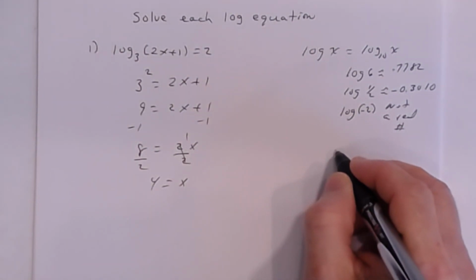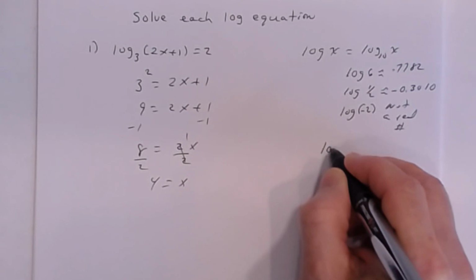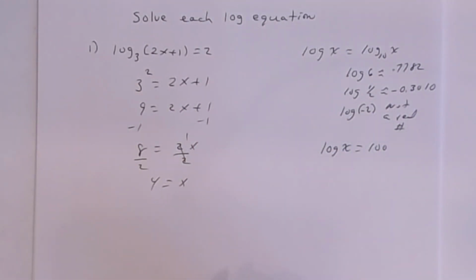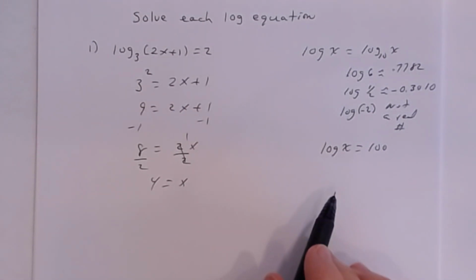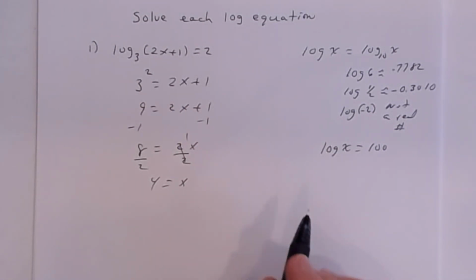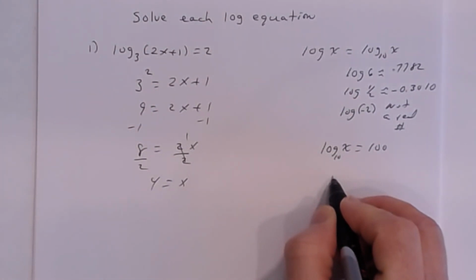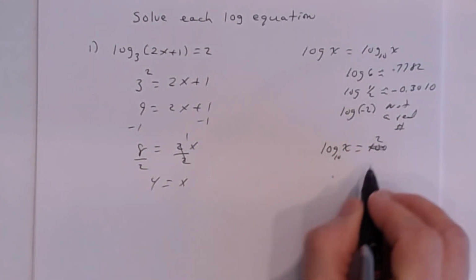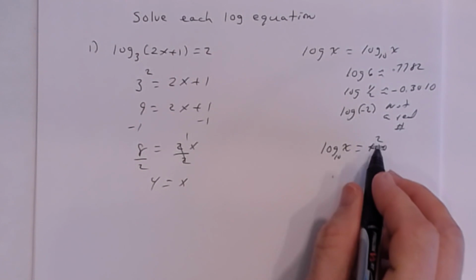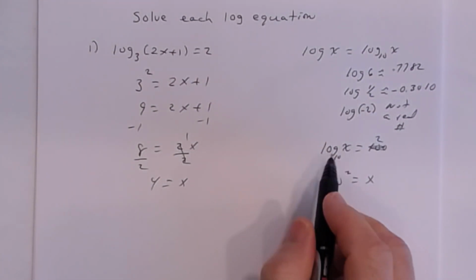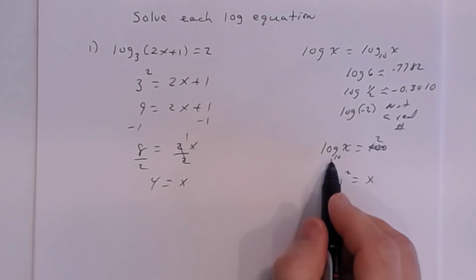So watch. If I look at this, log of x equals, let's say, 100, and I change this to an exponential, remember the base right here is understood to be 10. Let's do 2 right here because 100 is too big. If I say 10 squared equals x, remember the base is always a positive number and cannot equal 1.